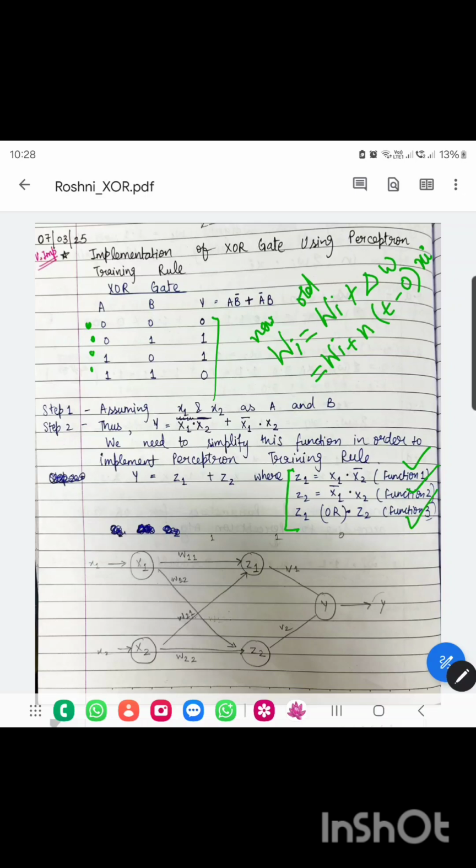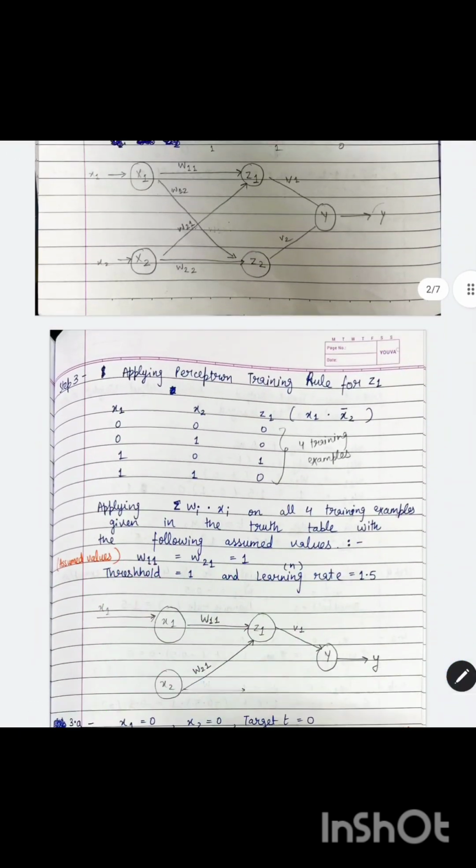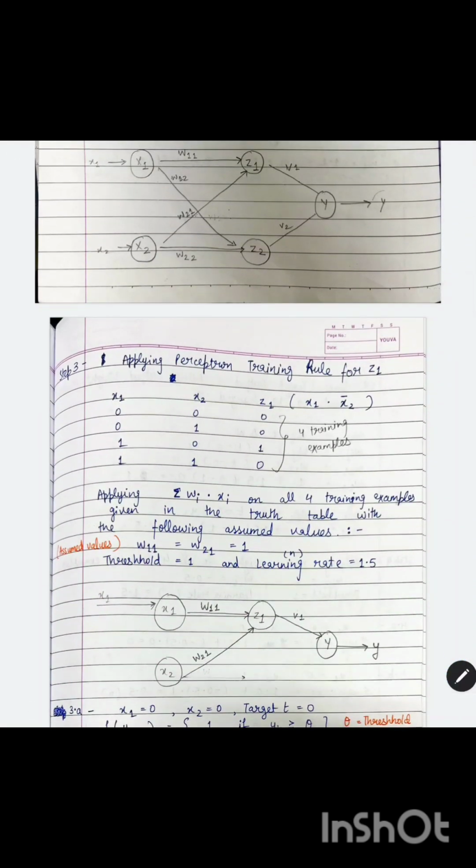Alright. So these function 1, function 2 and function 3 are here, and we apply it one by one on these functions. So you can see this is step 3 where we are given the 4 training samples. We work on these values of W11, W21, threshold as 1 and learning rate as 1.5, and this is the diagram we'll get for Z1 in this case.